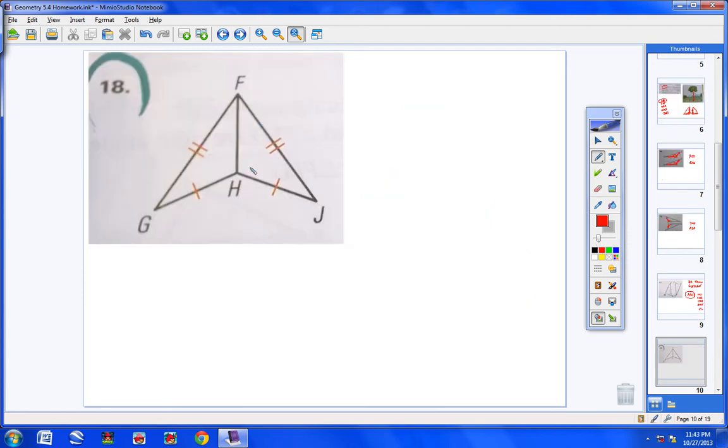Okay, number 18. If you'll think about it for a second, I'm going to go ahead and trace over these and pull these two triangles apart here.